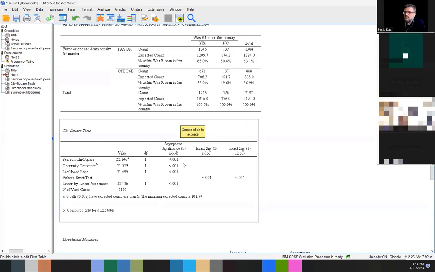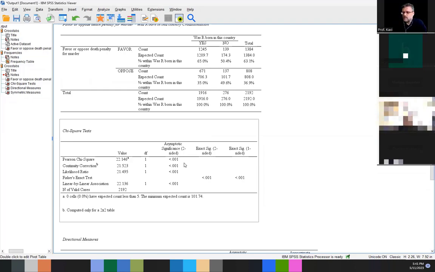All right, the p-value is smaller than 0.001. That is a p-value that is smaller than 0.05 that we said is going to be our significance level in the null hypothesis. Therefore, we reject the null hypothesis.